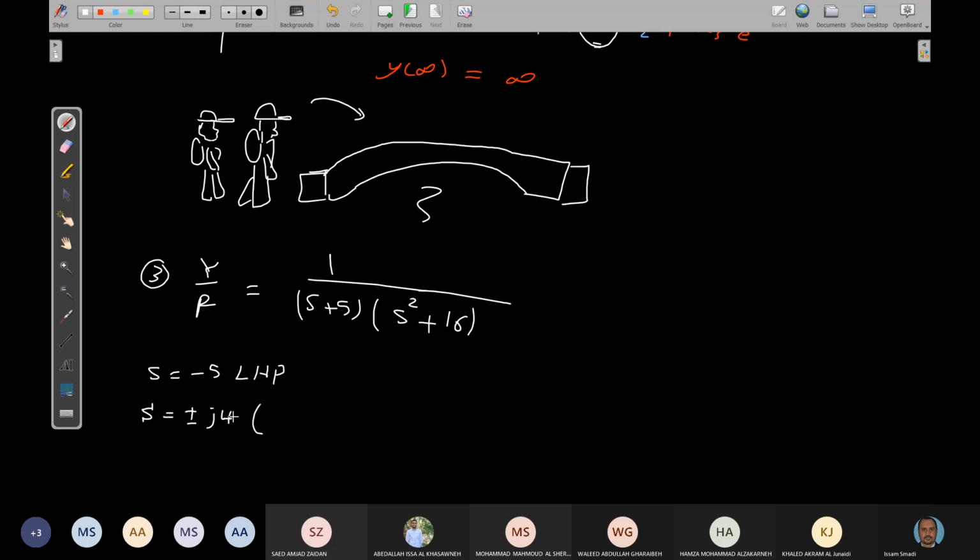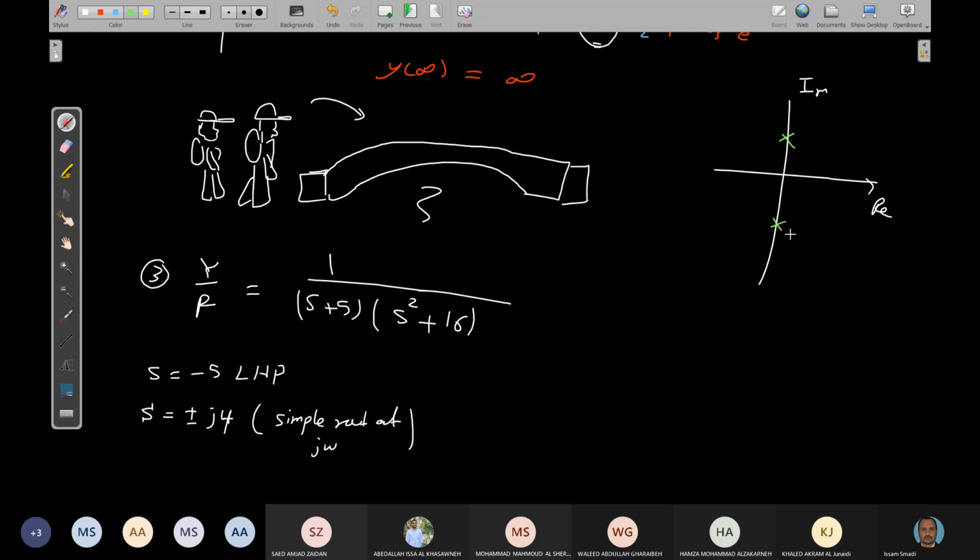And this is actually a simple root at the j omega axis, correct? If I'm plotting the j omega axis, this is the real, this is the imaginary. I will get one root here at 4 and one here at minus 4, correct?